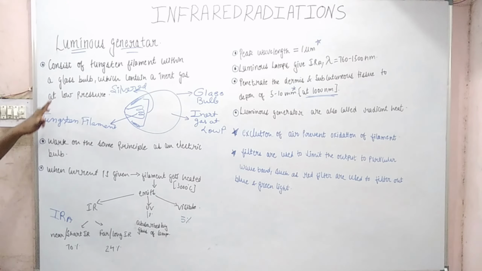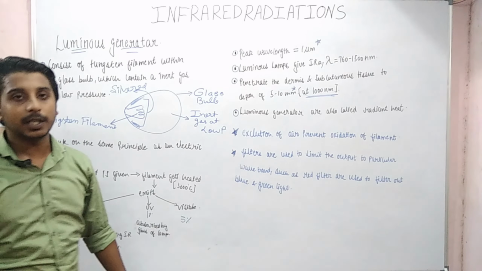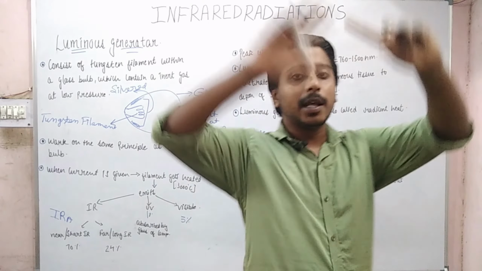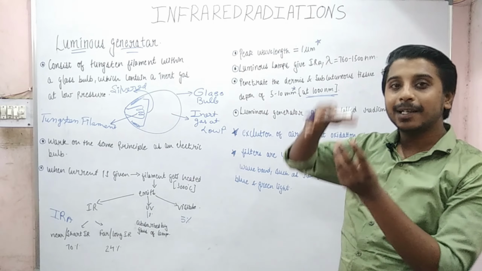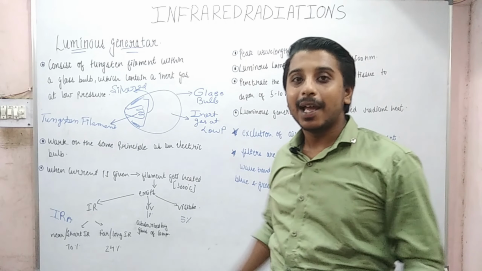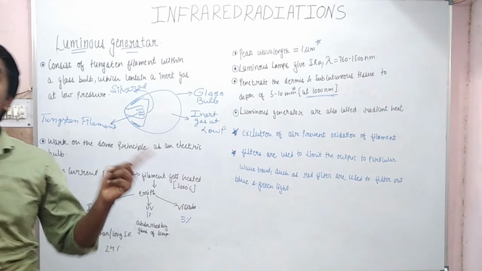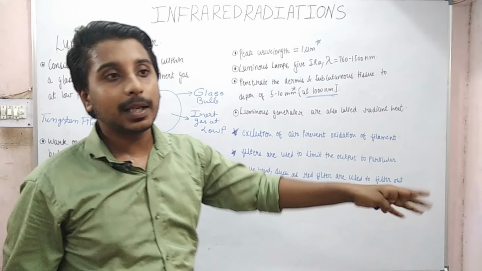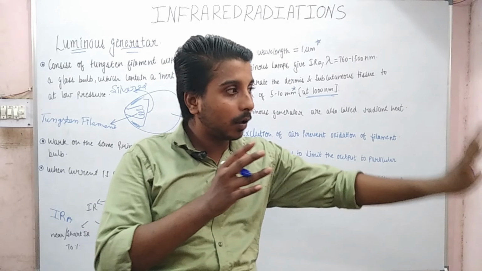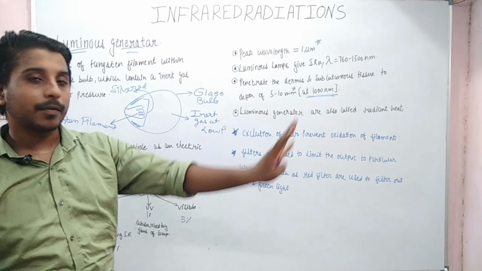So this is the diagram which you can keep in mind and draw in your notebook to understand the luminous generator. There is a big glass bulb, inside it is a tungsten filament, and some part is silvered, with inert gas at low pressure. Why is it silvered? To make a reflector, so that all the rays move in a single forward direction.